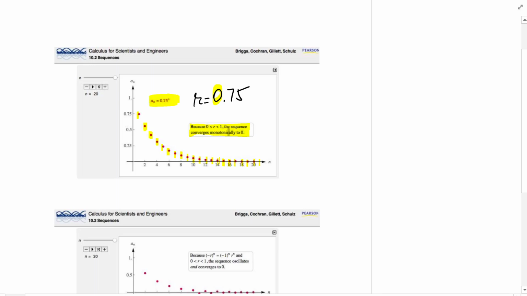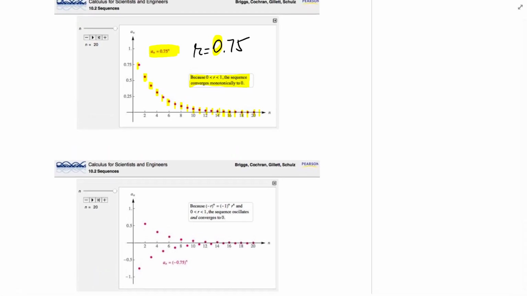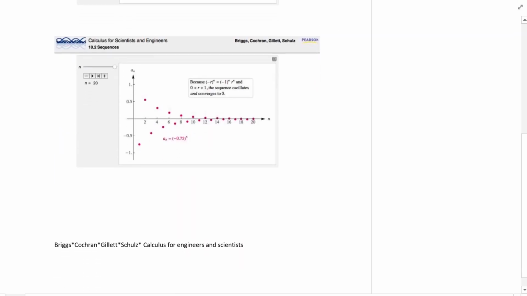So if we had another value like 0.3 to the n, the same thing would happen. It will converge to 0. 0.2 to the n, and so on, it will converge to 0 if we choose any value between 0 and 1.